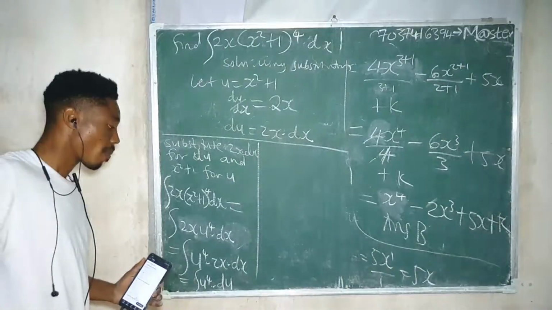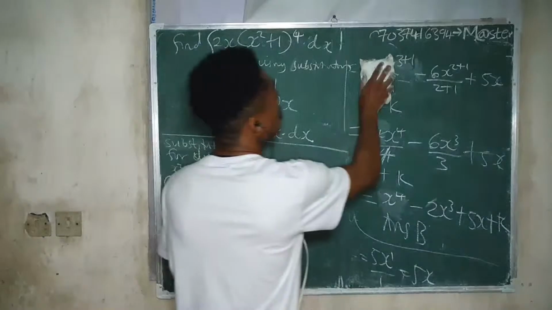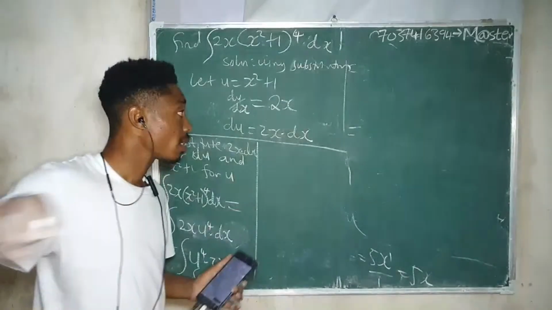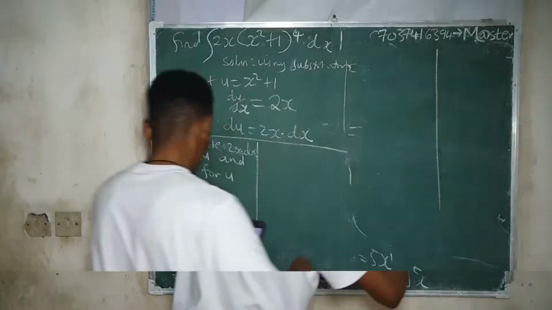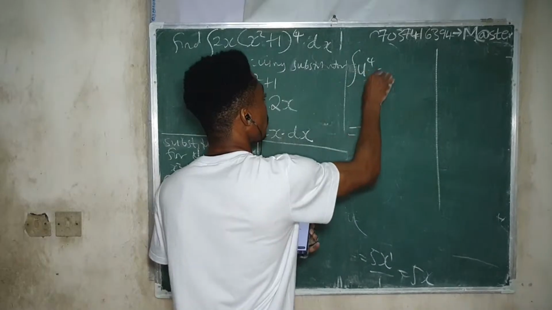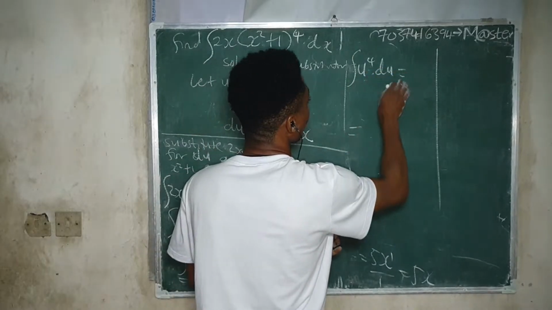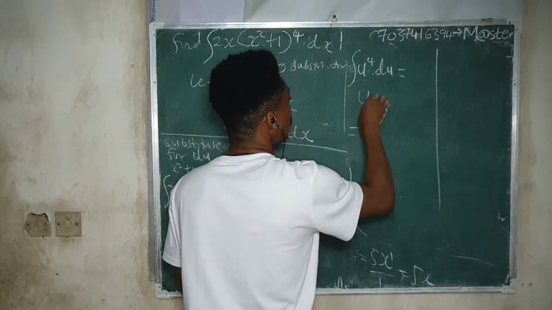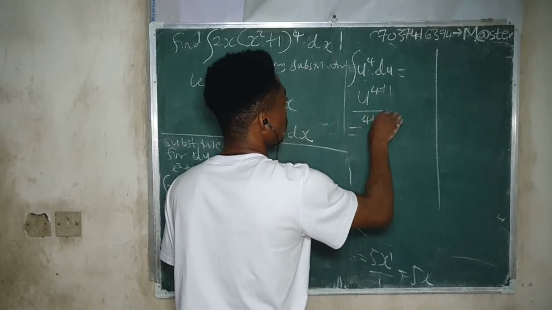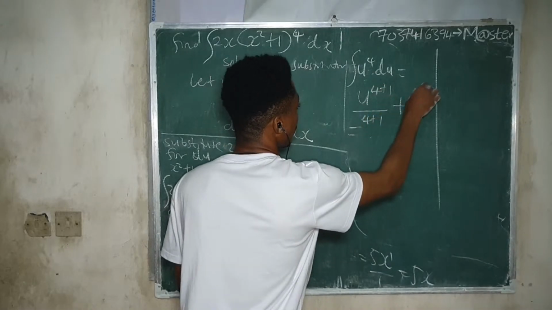So integrating that with respect to u, integrating u raised to power 4 with respect to u will give me u raised to power 4 plus 1 all over 4 plus 1 plus k.